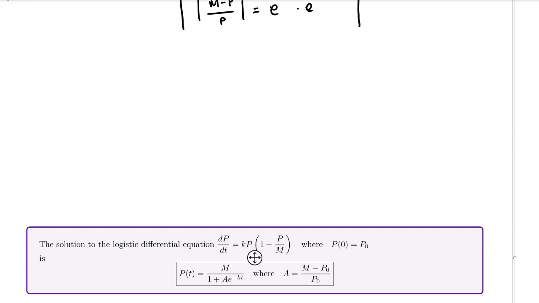And remember, M here represents our carrying capacity, and P naught represents our initial population.